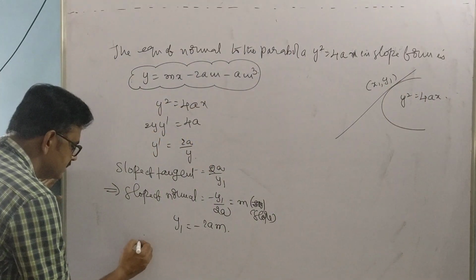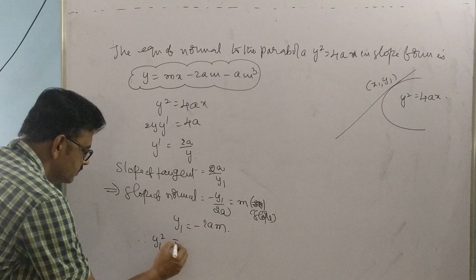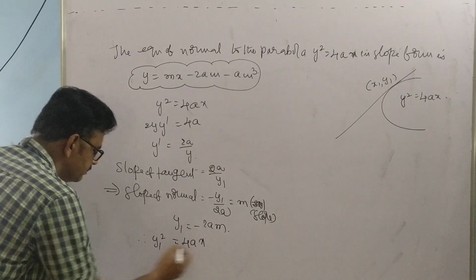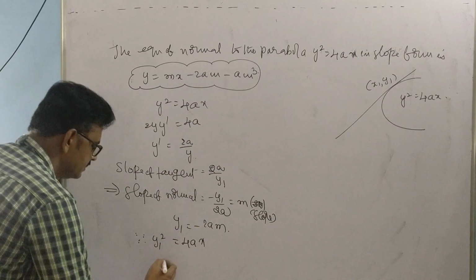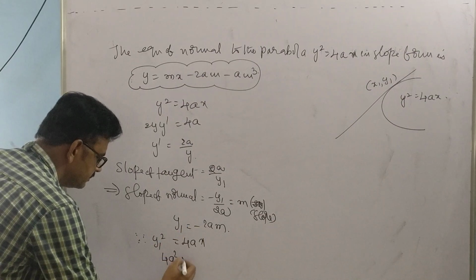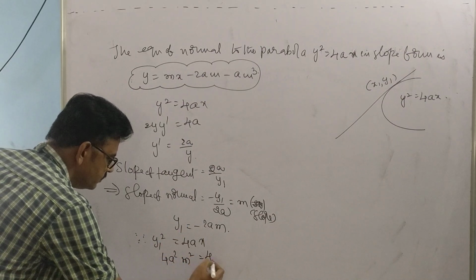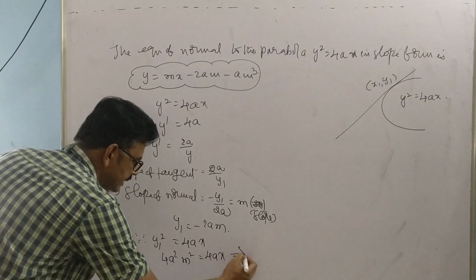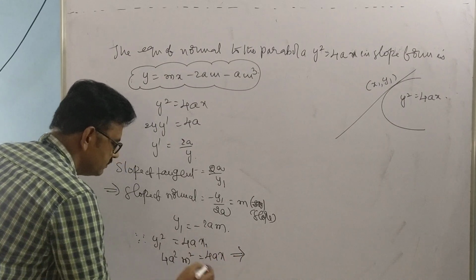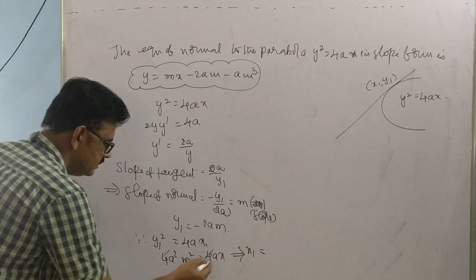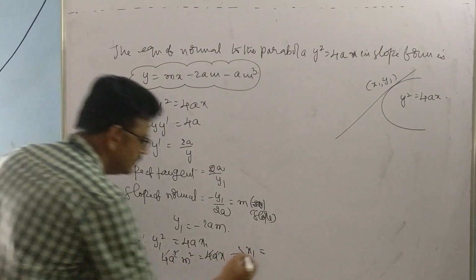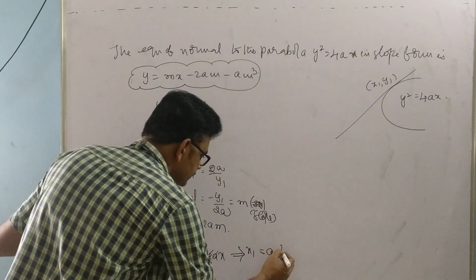Since y1 square is equal to 4a x1, the point lies on the parabola. y1 square is 4a square m square, equal to 4a x1, so x1 equals a m square.